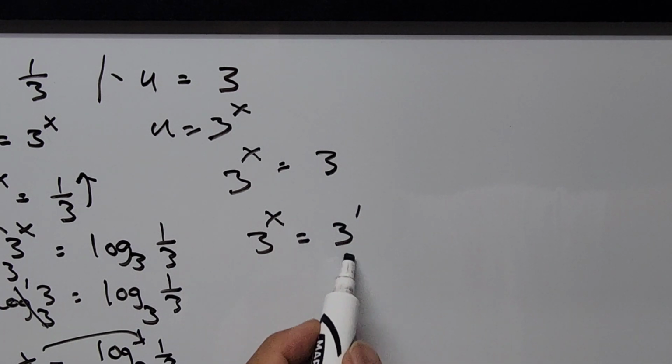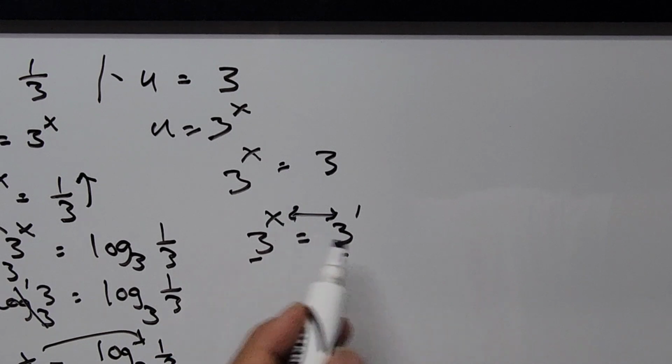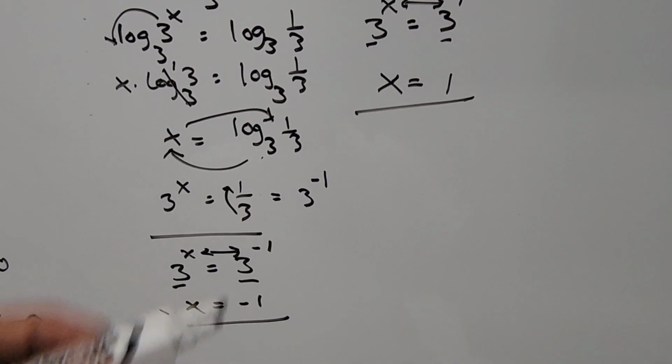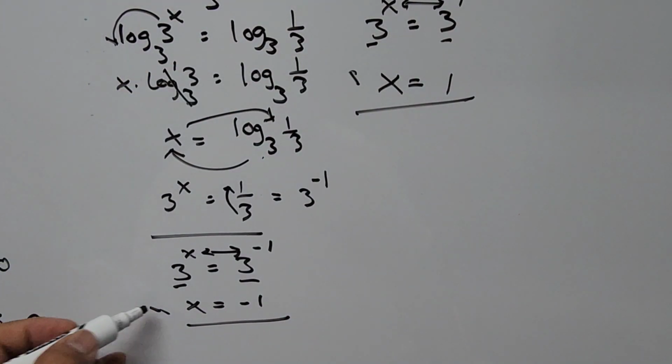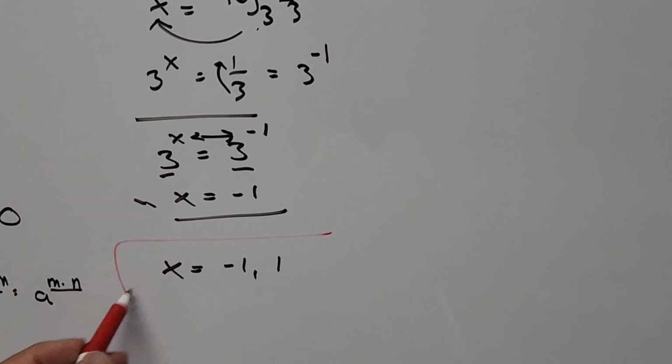Once again, by direct comparison, x is equal to 1. So that's the other value of x. So our answers, the values of x, are equal to -1 and +1. Our final answers.